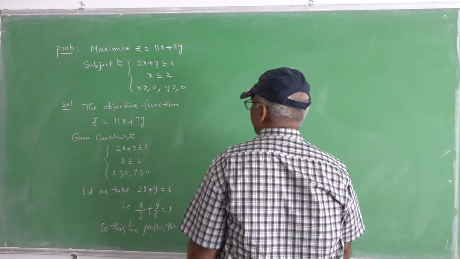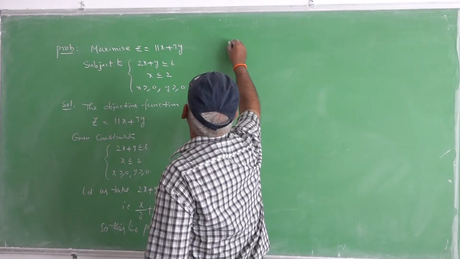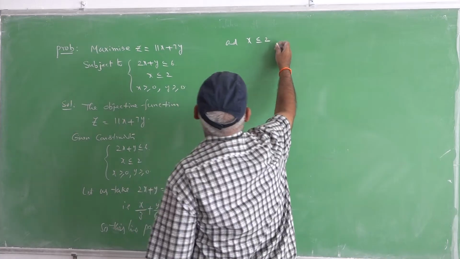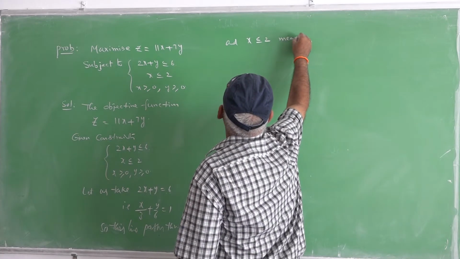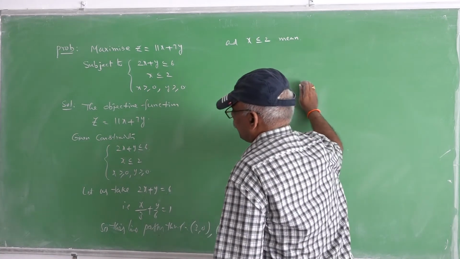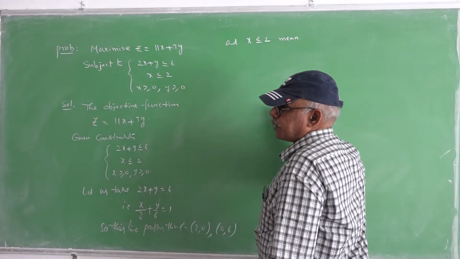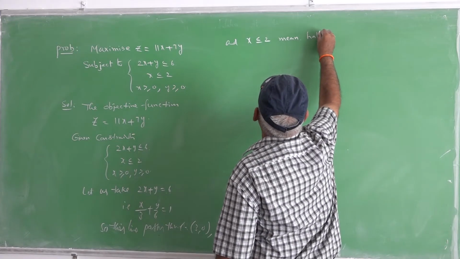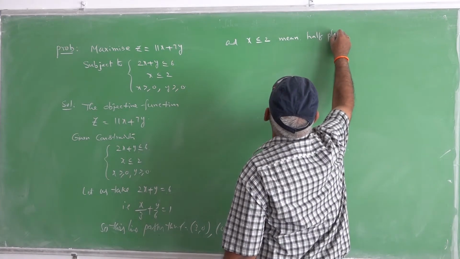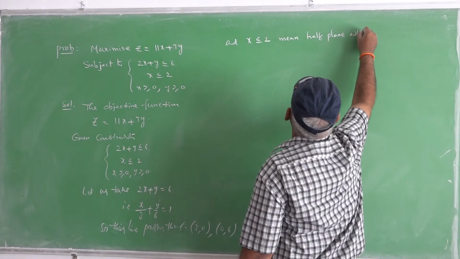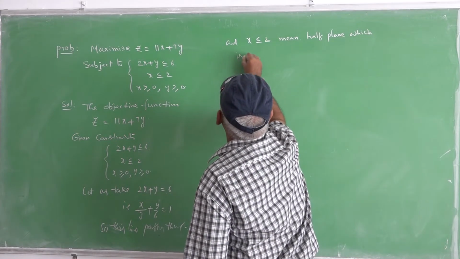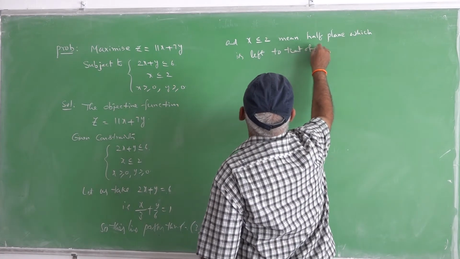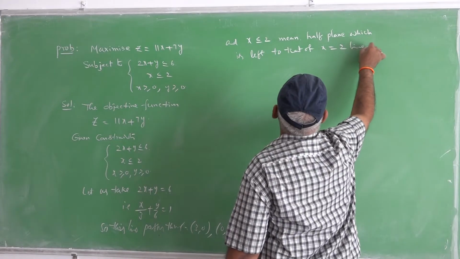Next constraint is x less than or equal to 2. X less than or equal to 2 means the half plane which is left to that of the x equal to 2 line.